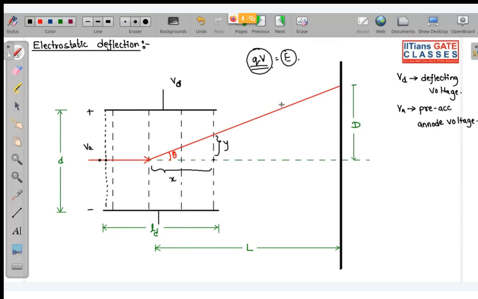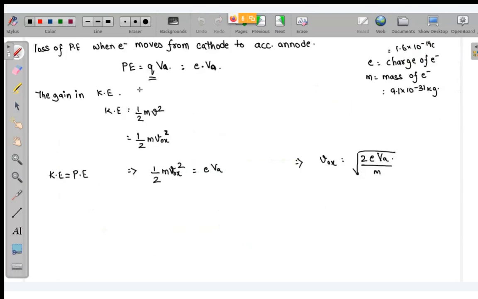No sir, VA is not going to change. Why? Because VA has already happened. This was the pre-accelerating anode, and here the pre-accelerating anode apparatus was over. So VA is not going to change. That means the potential energy is going to remain constant.